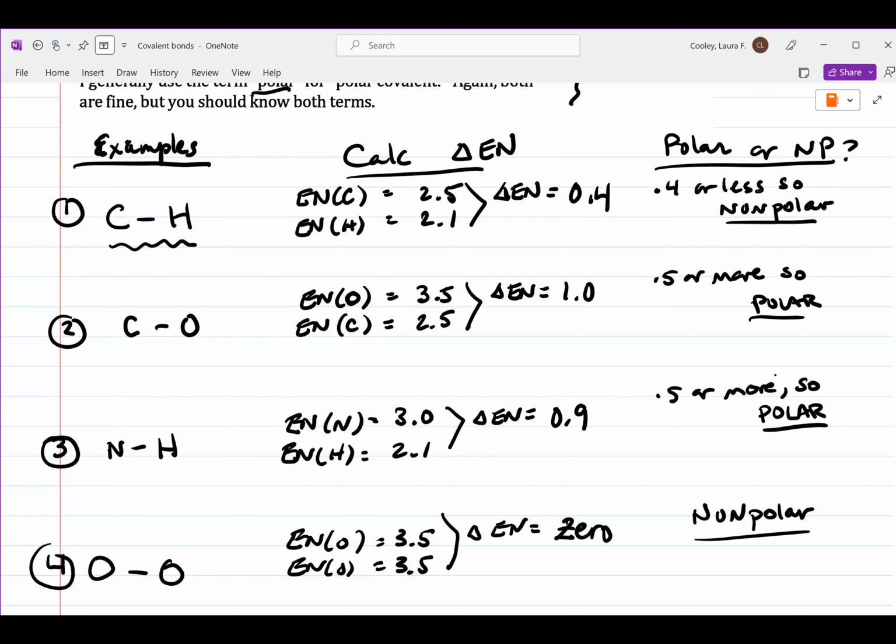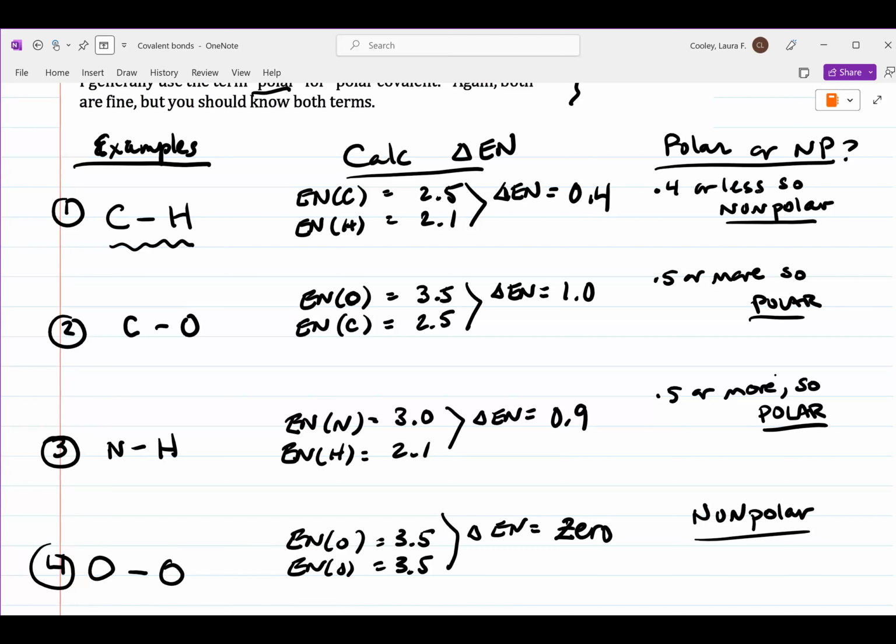CH bond, this is the reason why I changed the cutoff, because a CH bond is not considered polar. With this book, it would consider every CH bond polar, which is just completely wrong. I don't know how they could get away with this year after year. But anyway, our polar bonds here are the CO and NH bonds.